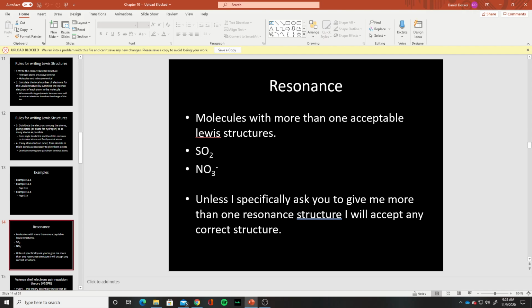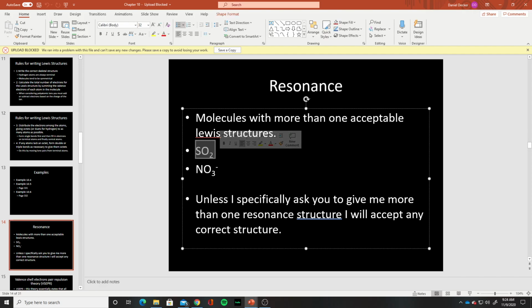So I would give you SO2, for example, and then you would draw the best Lewis structure for SO2, and then the question would have a spot for, and it would specifically say, on the central atom.